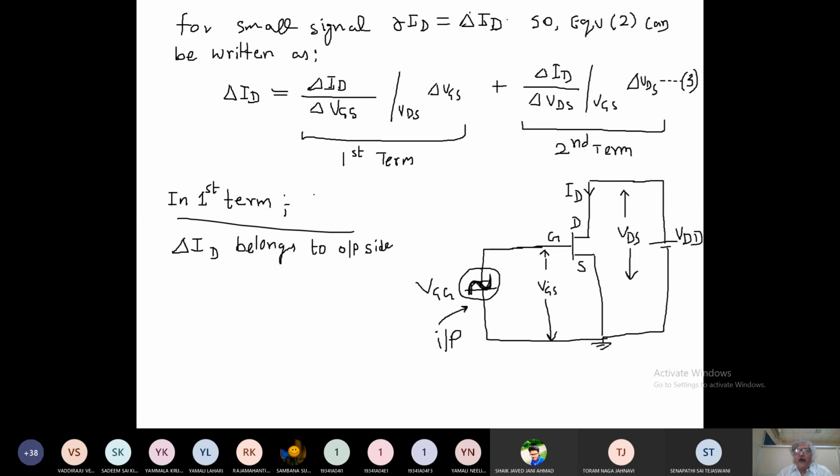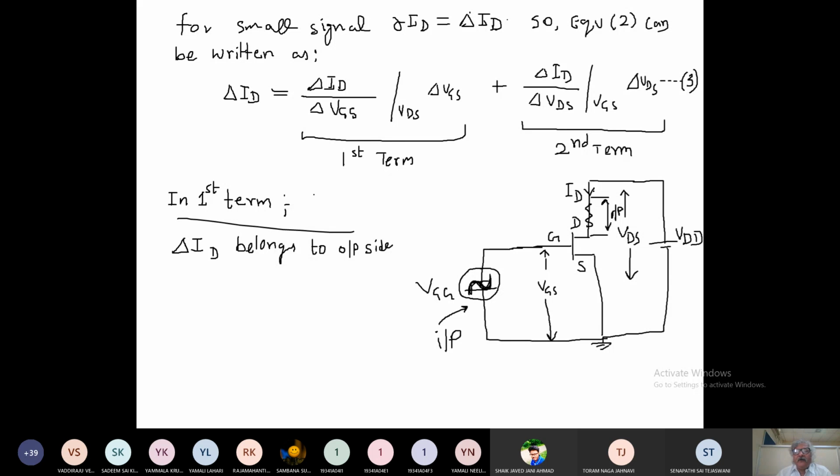If you connect some resistance at the output side, then you will get the output voltage across the drain. This is your output.